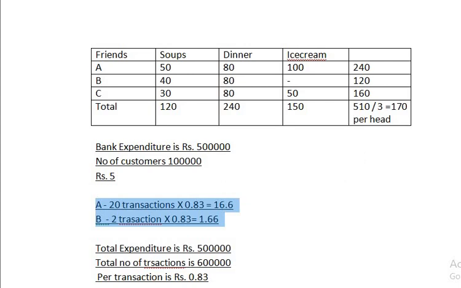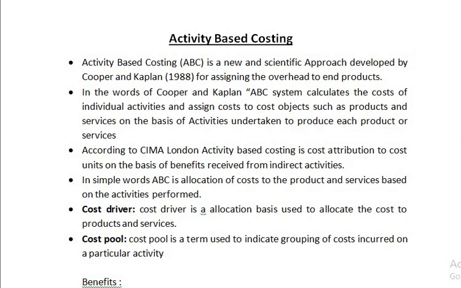Now move on to the theoretical part. Activity based costing is a new and scientific approach, developed by Cooper and Kaplan in the year 1988 for assigning the overhead to end products, that is, for allocating the cost to the products.